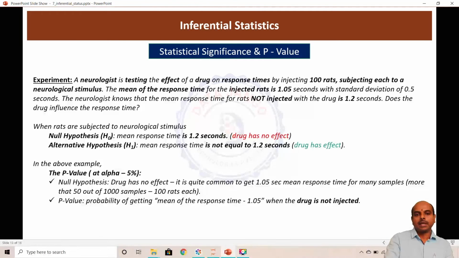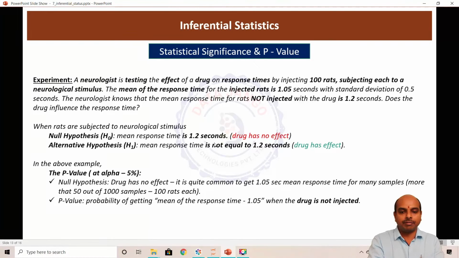So in this whole problem, what is historically known from the 1980s? The mean response time is 1.2 seconds. Whatever is historically known is the null hypothesis. So here the null hypothesis is that the mean response time is 1.2 seconds. To prove that the drug is significant, the null hypothesis is actually saying the historically accepted thing is true, right?